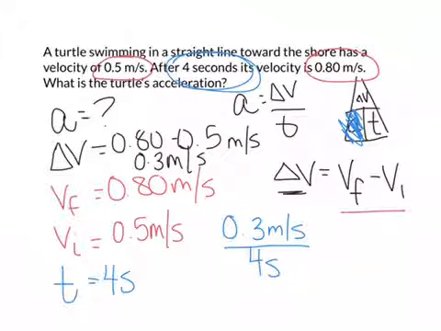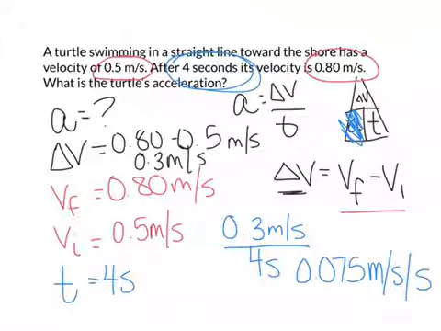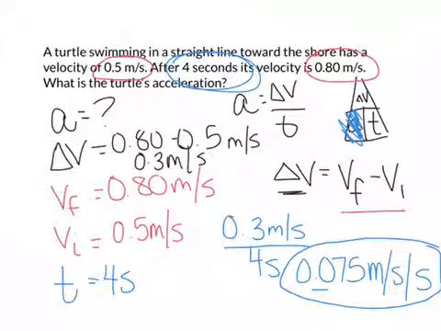My acceleration is going to be 0.075 meters per second per second. It is a positive value because my velocity is increasing from 0.5 to 0.8. So every second, my turtle is getting 0.075 meters per second faster.